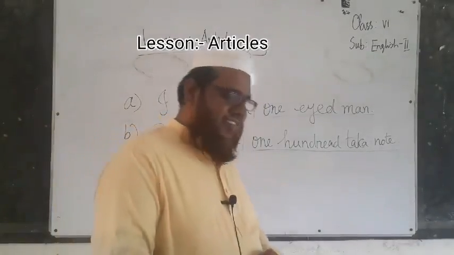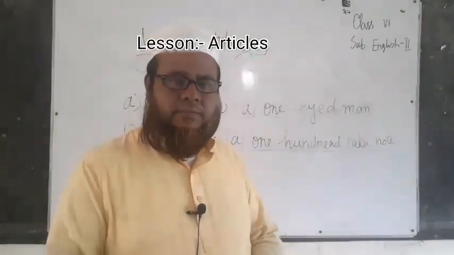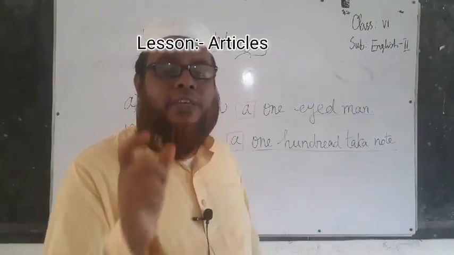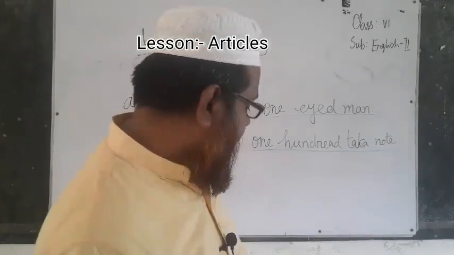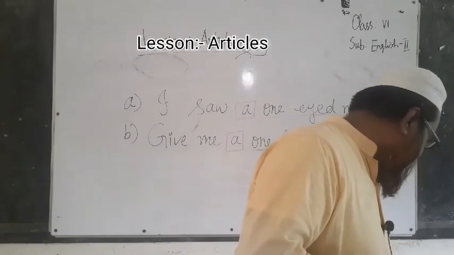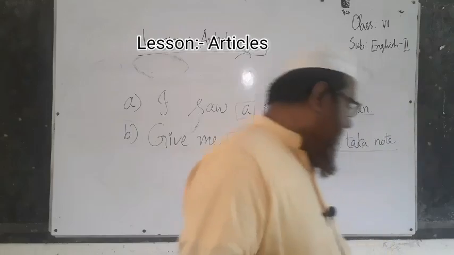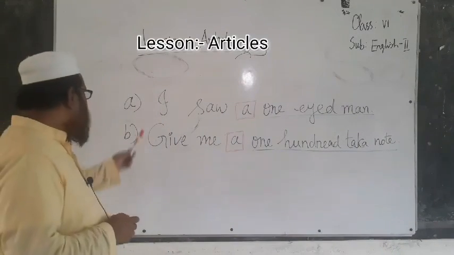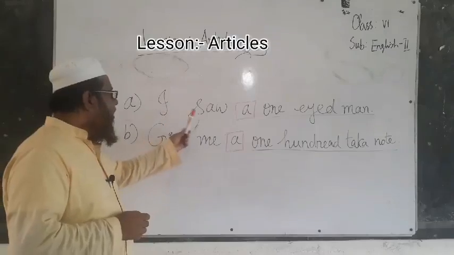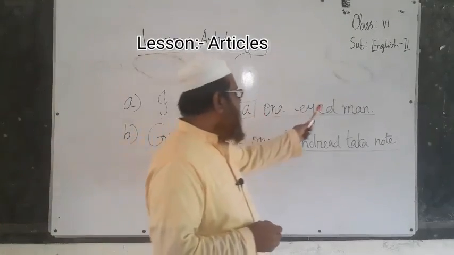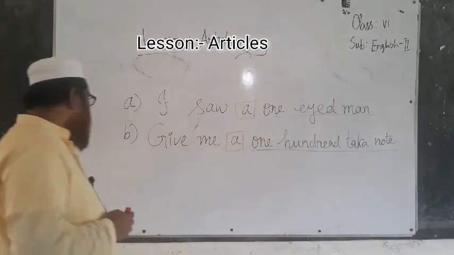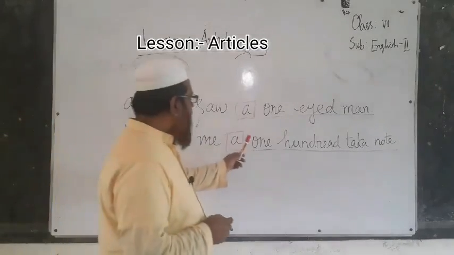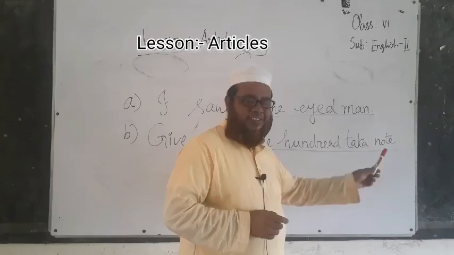Dear students, let us discuss one more simple rule of using a different article. Let us discuss the rule. We read out the two examples. First example, I saw a one-eyed man. Second example is, give me a 100 taka note.